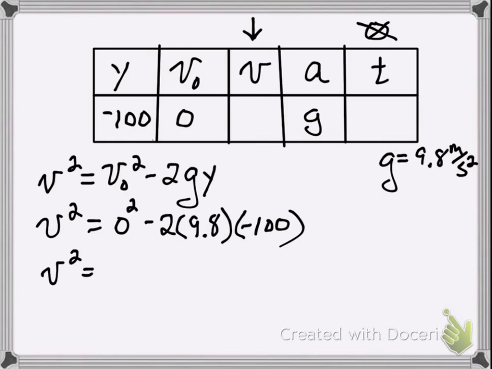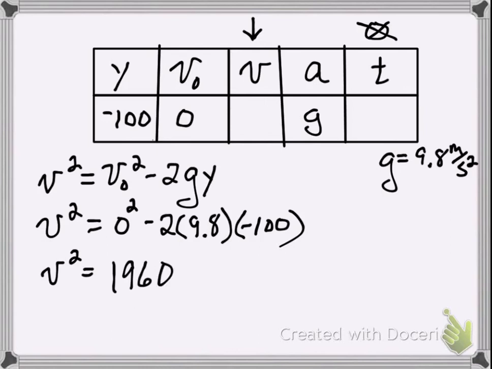The other thing that we notice is that we have minus 2, but we're also multiplying by a negative 100. So we have negative 2 times 9.8 times negative 100. So I'm going to multiply 2 times 9.8 times 100, and that gives us 1,960.